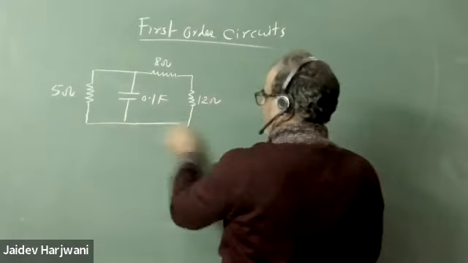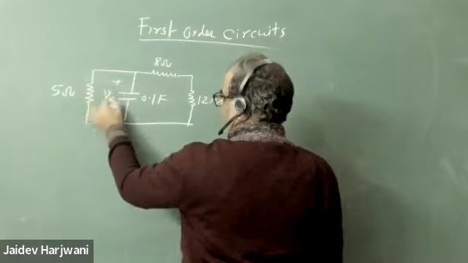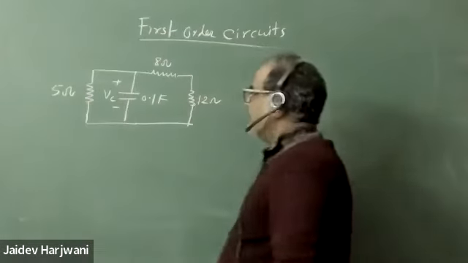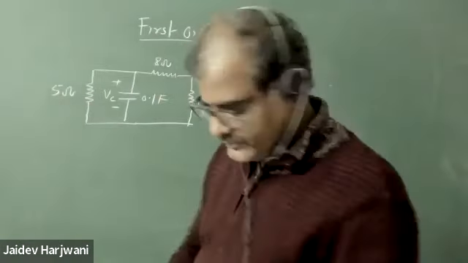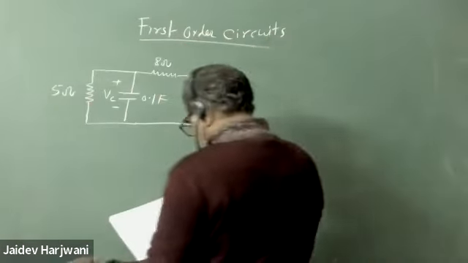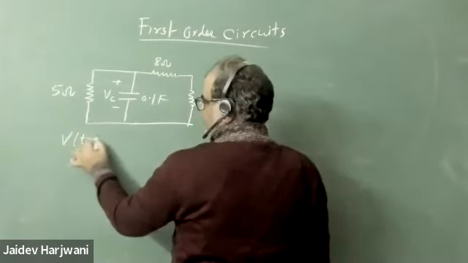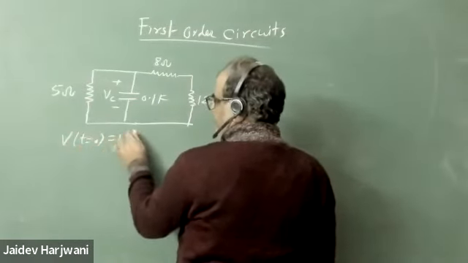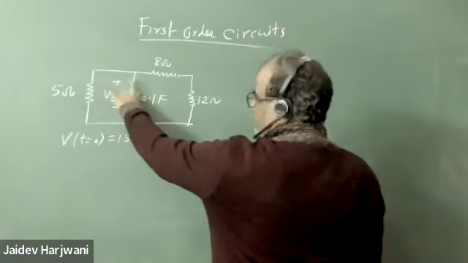You need to calculate the voltage VC at time t. In the question, V naught, that is V at t equals 0, is already given to you as 15 volts.